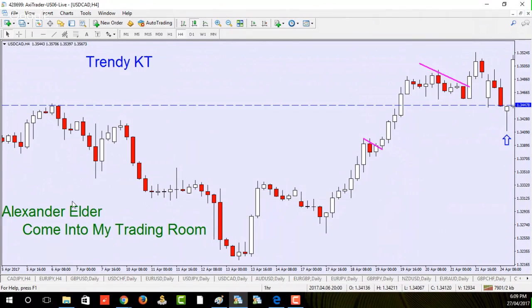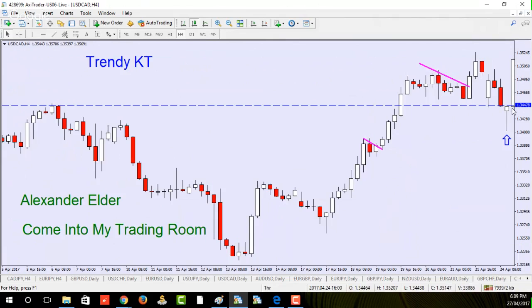By the time I read Dr. Alexander Elder's book, I was well on my way to testing Bolkowski's type patterns. So what Alexander Elder talked about was this kangaroo tail, and I think he actually mentions if the market goes a half or 3/4 of the way, I can't remember, against you down the tail, that you should just get out of the trade. I use a stop loss on the other side of the tail, so I got my stops a little bit further away than Elder does.